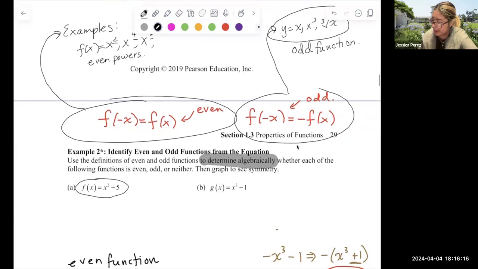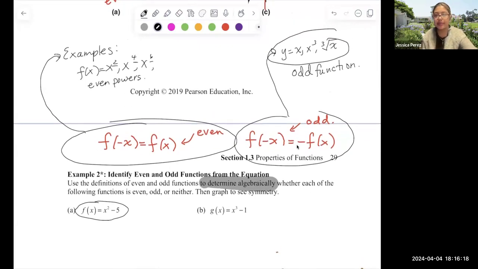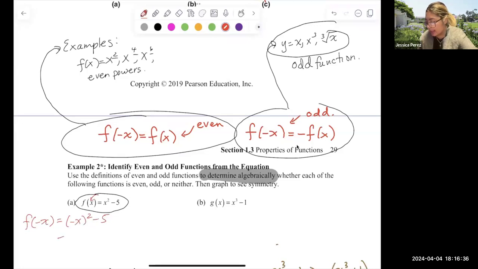So let's look at the first example. We have f of x is equal to x squared minus 5. How do we test whether something's odd, even, or neither? Well, we start by substituting x to be negative x. That's how we start. So then we have negative x squared minus 5. Well, a negative squared gives you a positive squared, and this is a minus 5. Notice how the answer did not change.